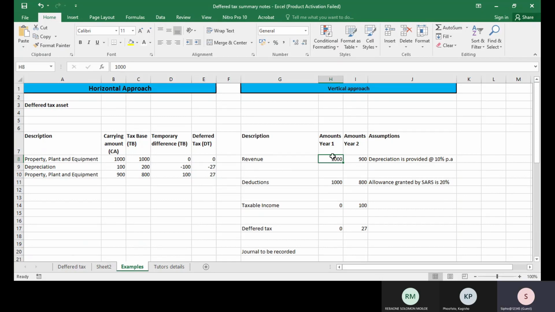So the carrying amount of an asset represents the equivalent of revenue you're going to generate over the 10-year period, because you are depreciating the plant for 10 years.